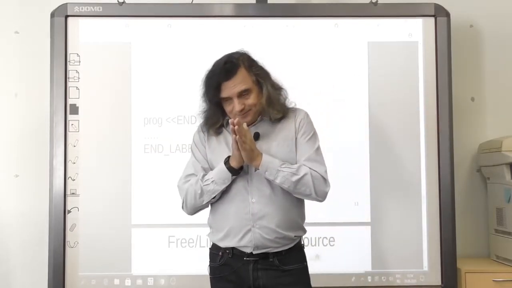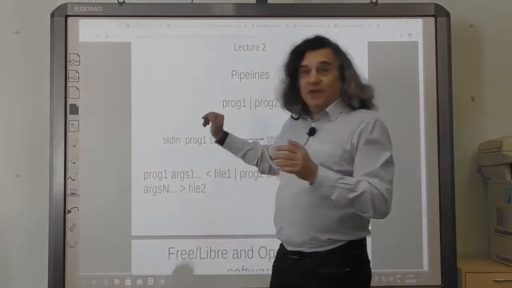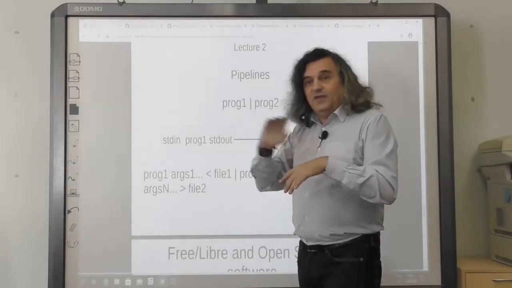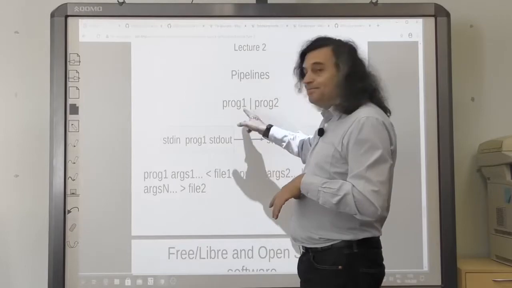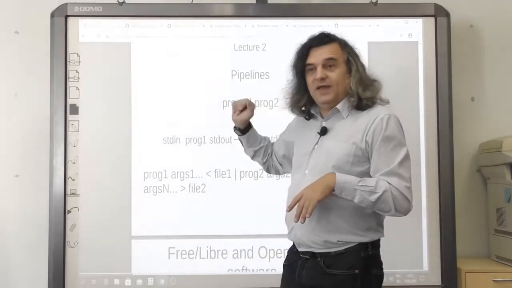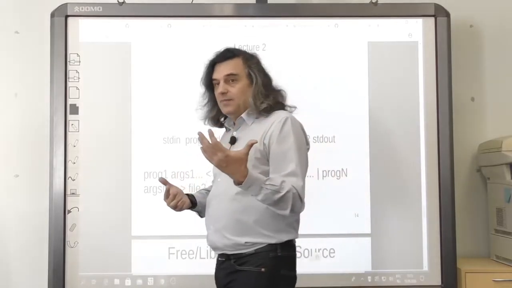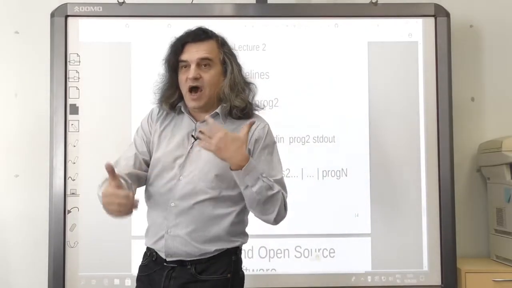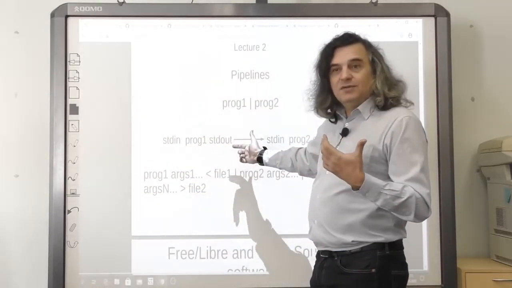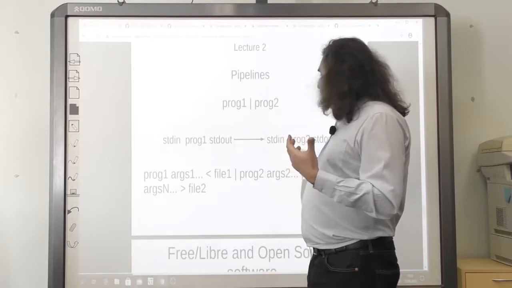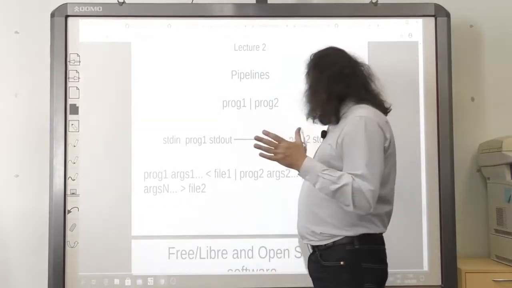And finally, the pipelines. They are created with a pipe symbol placed between commands. This means connecting the standard output of the first command to the standard input of the second command.